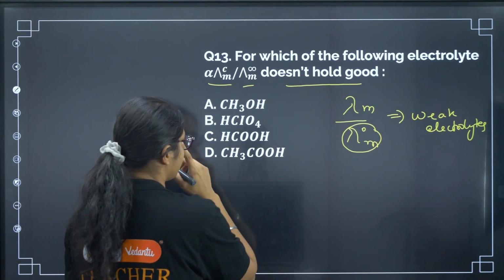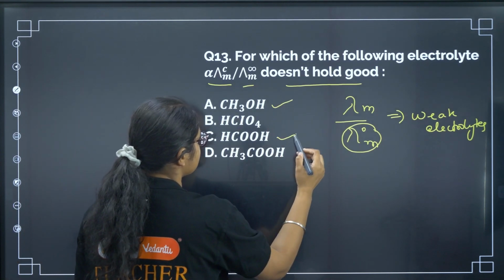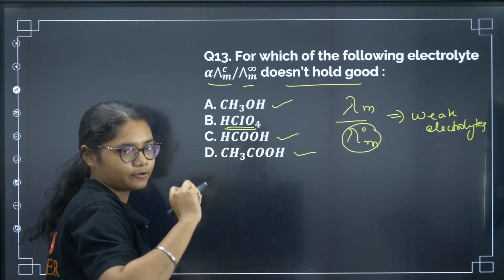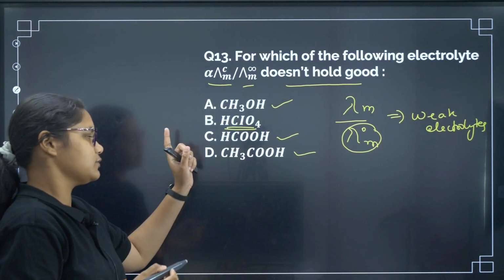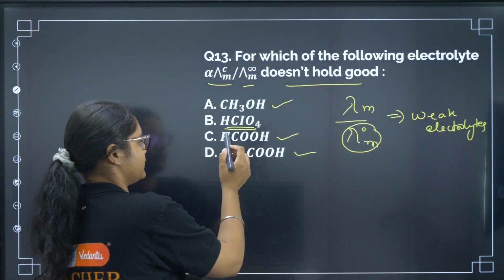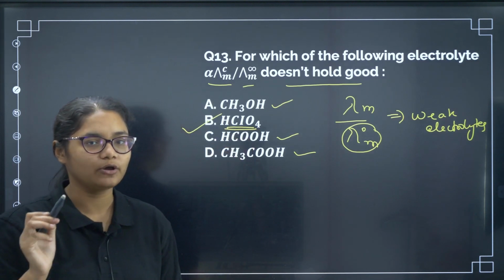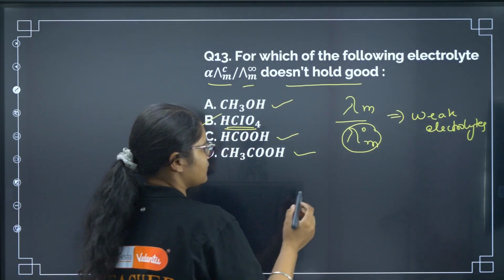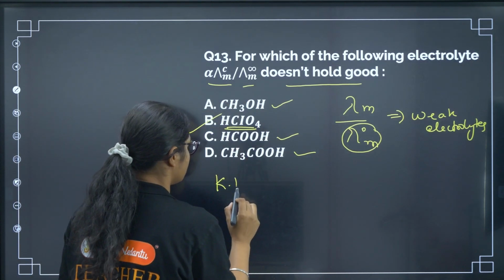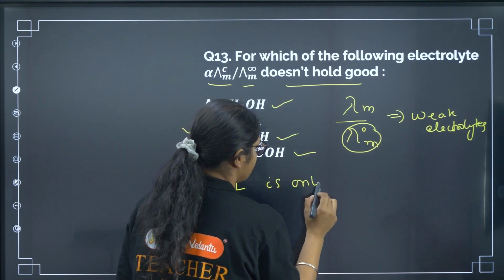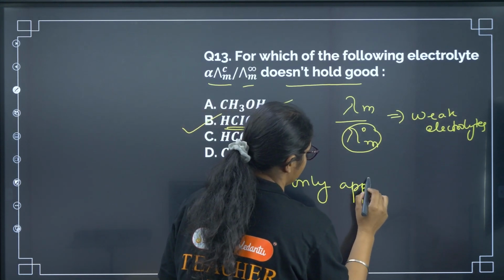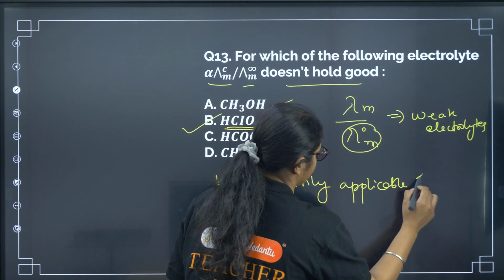These are all weak electrolytes. This is a strong electrolyte. So this law is not applicable for the compound HClO4. So the correct answer for this question will be option number B. Here you have to remember that Kohlrausch's law is only applicable for weak electrolytes.